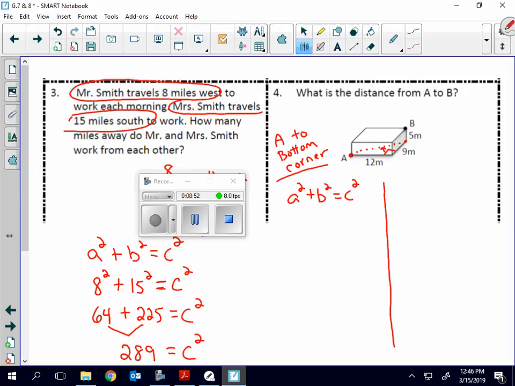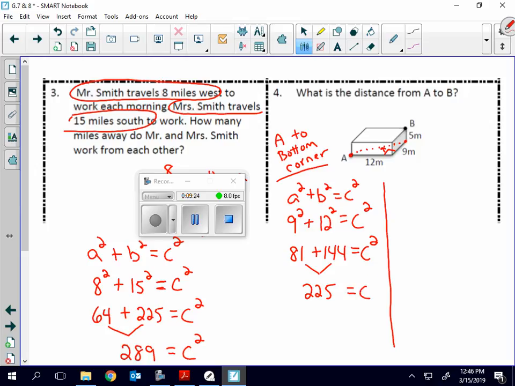So let's call it 9 as one of the sides, right? 9 squared plus the other side is 12 squared, and we don't know c. That's going to be my dotted line there. So the distance from A to the bottom corner will be the c. So 9 squared is 81, 12 squared is 144, and 81 plus 144 is 225.